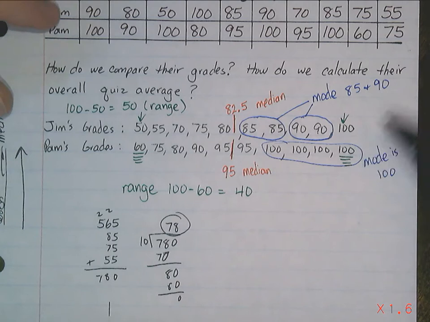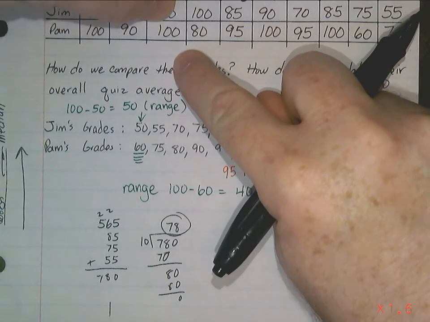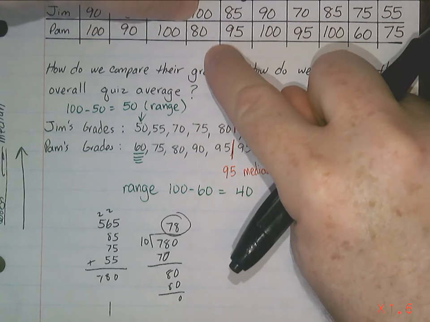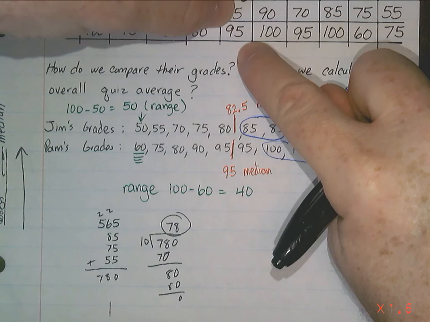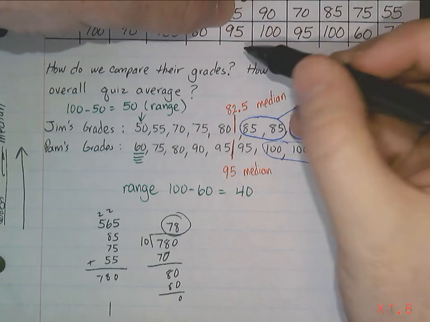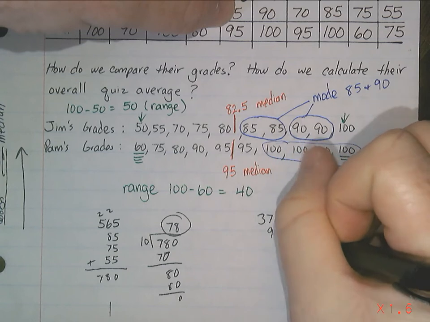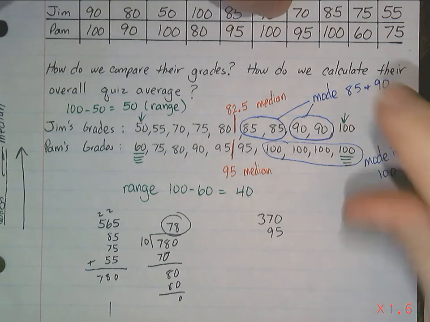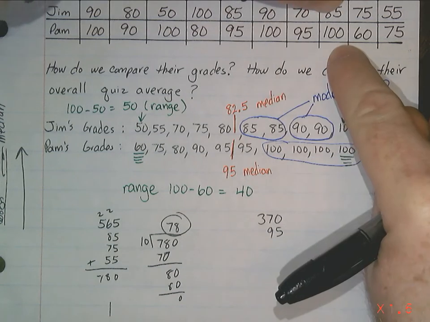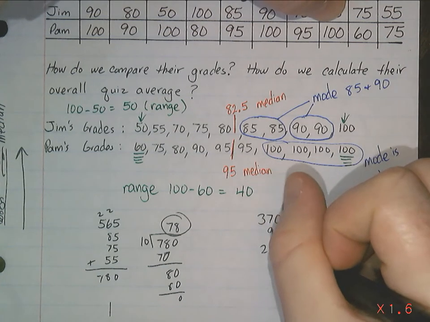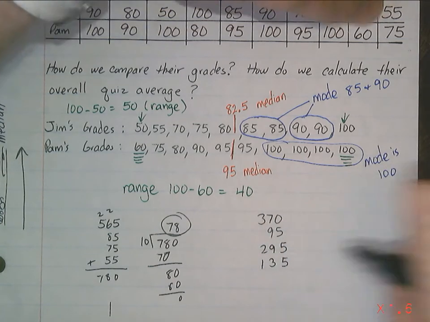We're going to add them together. So we get 190, 290, 290 plus 80 is 370, 370 plus 95, plus, I'm going to say this is 295, these three combined. 295, and then 135 for those two.